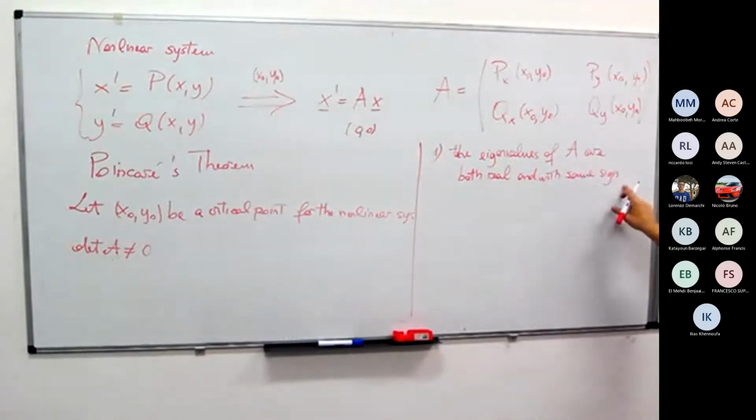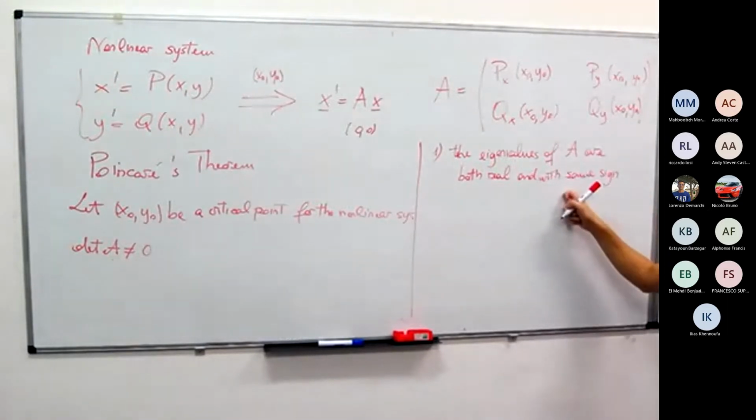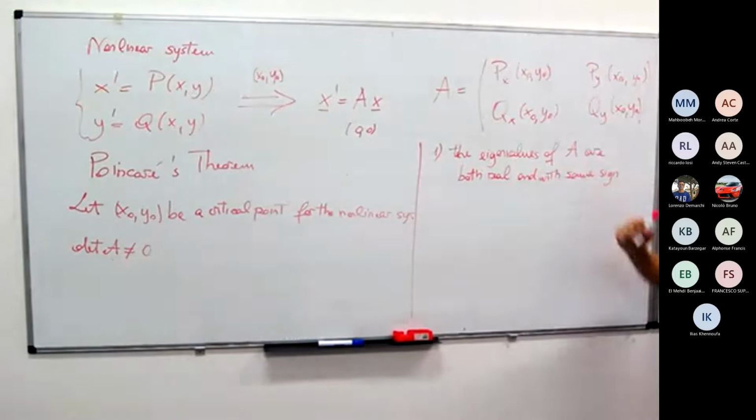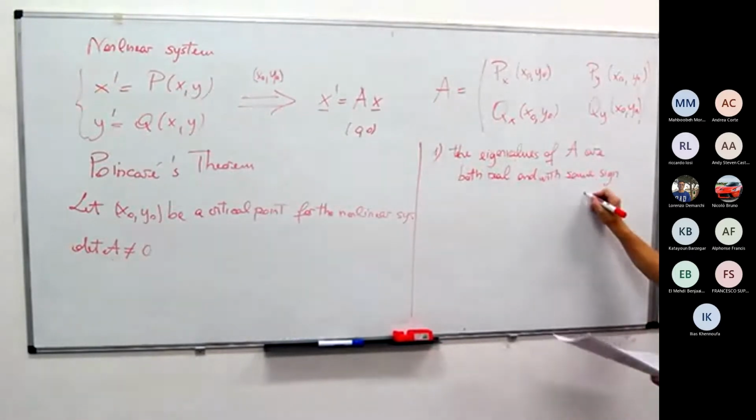So, what's this case? Real positive distinct eigenvalues. What is this? It's a node.